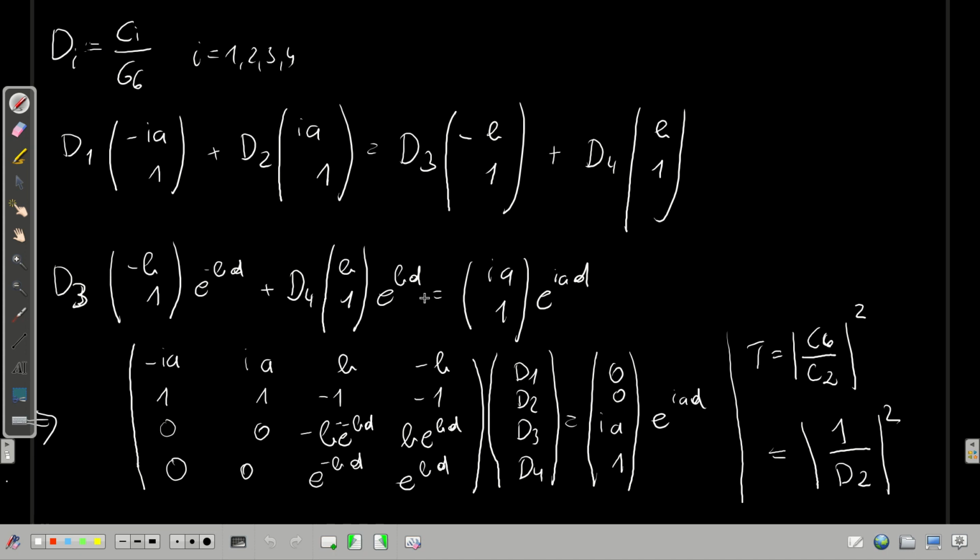So in the last video, we stopped at finding the coefficients D1, D2, D3, D4, which we got from the boundary conditions that need to be fulfilled at the potential energy barrier.